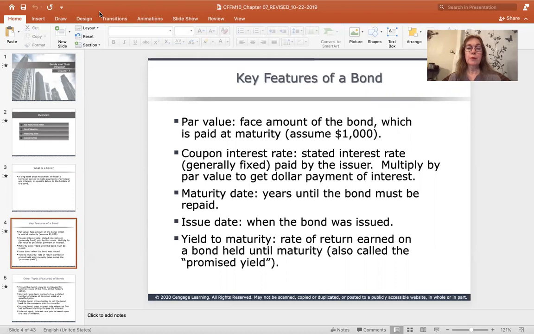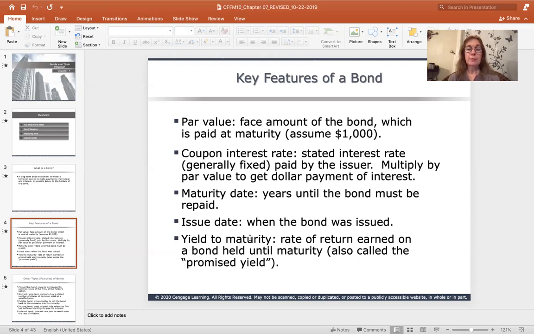So here are the key features of a bond. The par value, that's the face amount. Typically it's $1,000. If they don't tell you the par value, you assume that it's $1,000. The coupon interest rate, that's the rate that's stated on the bond that they're going to pay. The maturity date is when the bond's going to mature. The issue date is when it was issued.